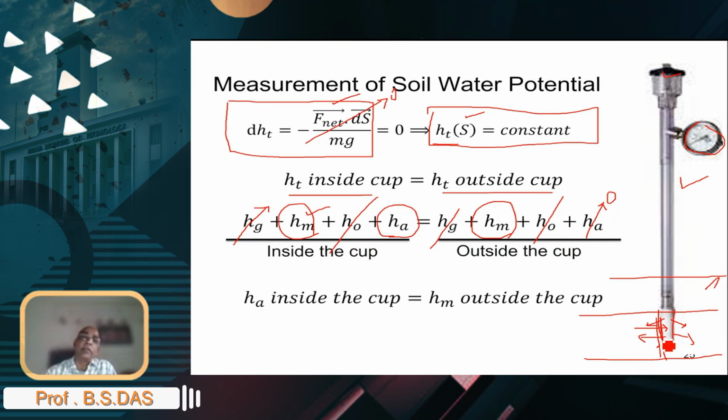It's a very thin one, so you could practically set this to be negligible. Therefore, the vacuum created inside the tensiometer is equal to the matric potential head developed in a particular soil. So this measurement device is called the tensiometer, and is very frequently used in measuring the soil water potential head in field conditions.